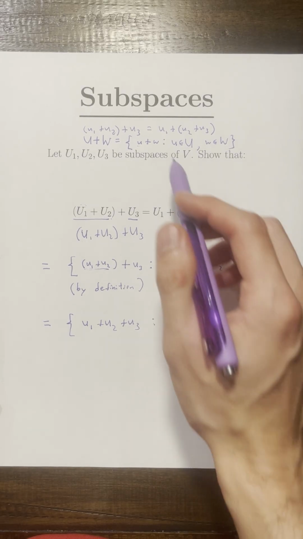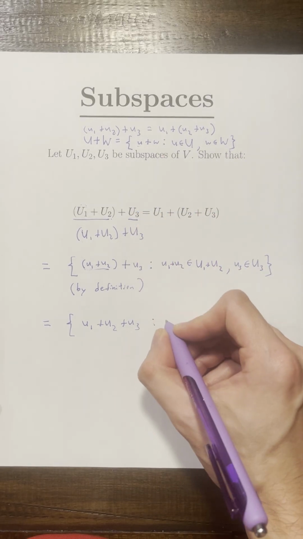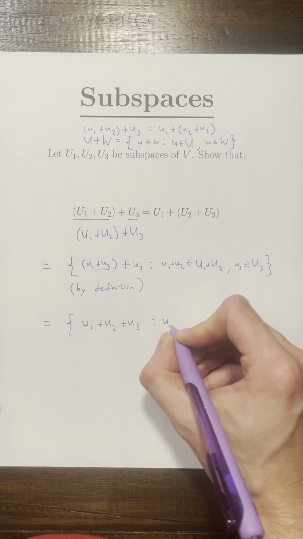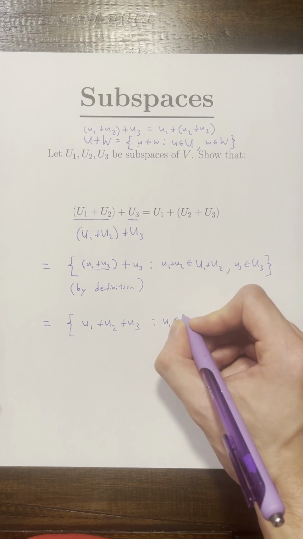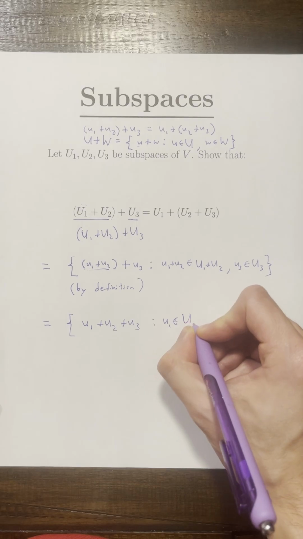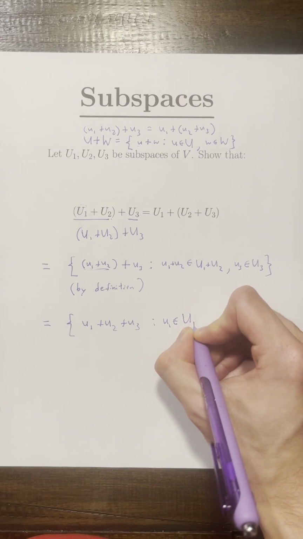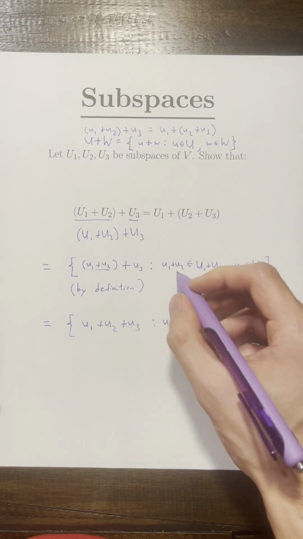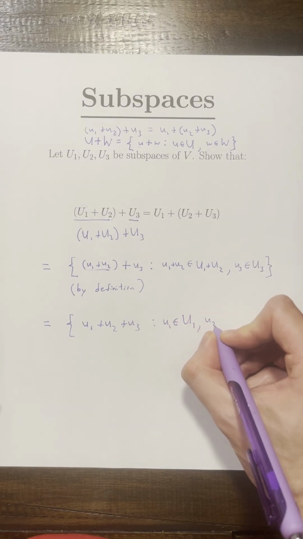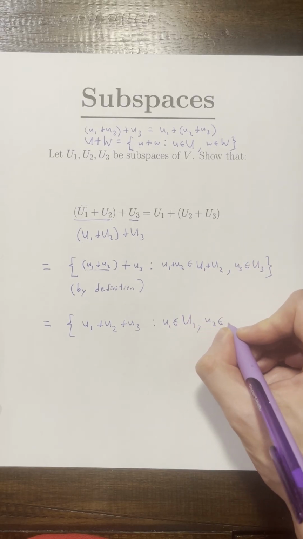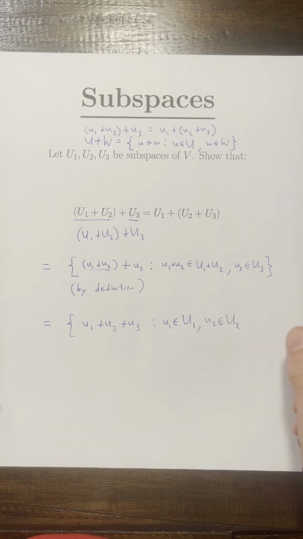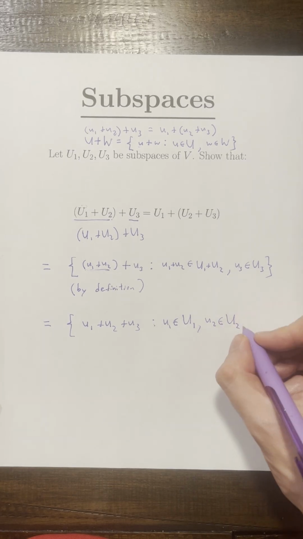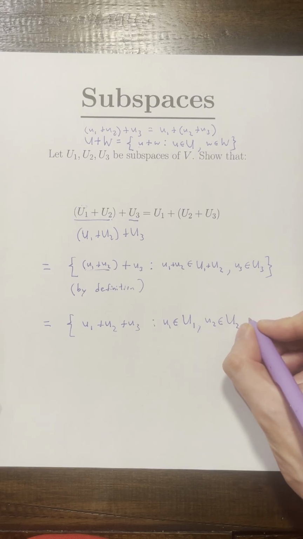This part would turn into vector u1 belongs to vector subspace u1, and then vector u2 belongs to subspace u2, and then this doesn't change because we didn't touch it.